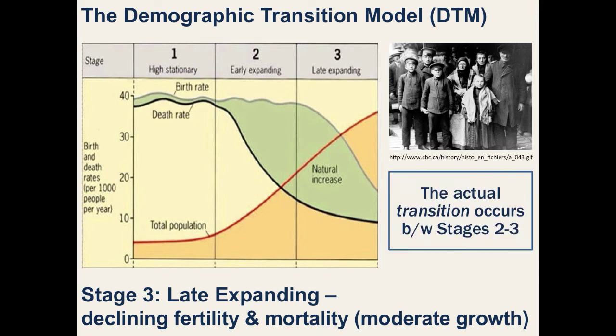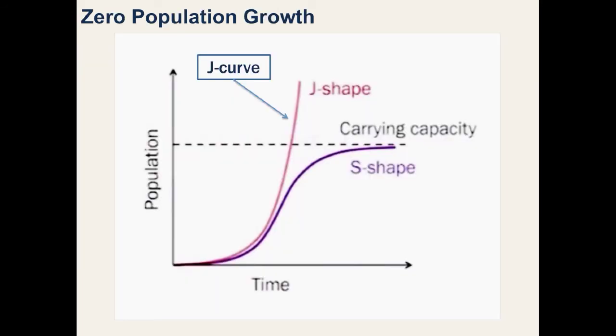Of note, between stages 2 and 3 signifies the actual transition, where a country transcends from developing to developed. And looking at how growth slows down as a region approaches its carrying capacity, or its ability to support a population through food and other resources, we call this the S-curve due to its shape.